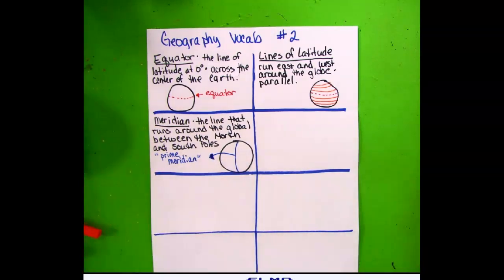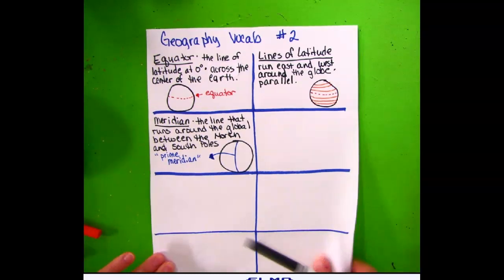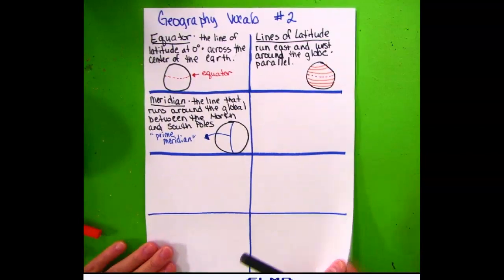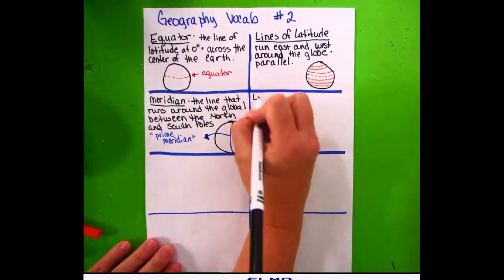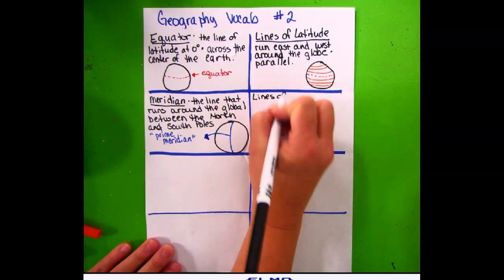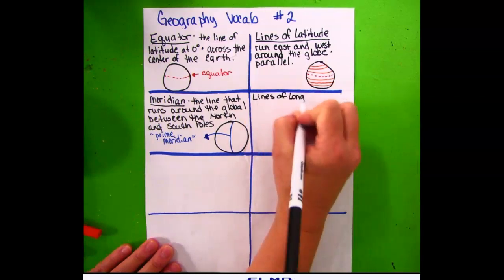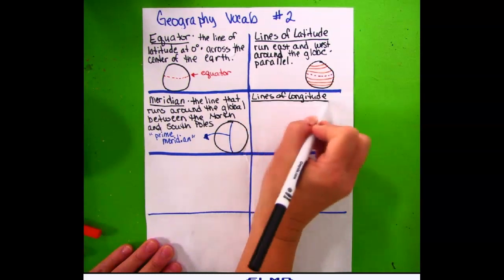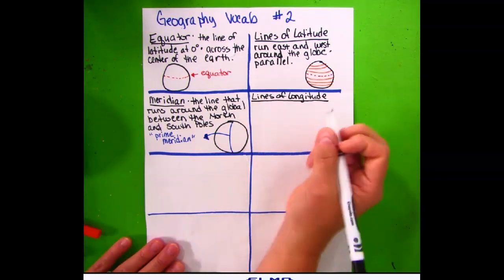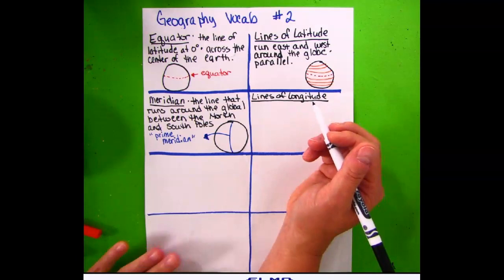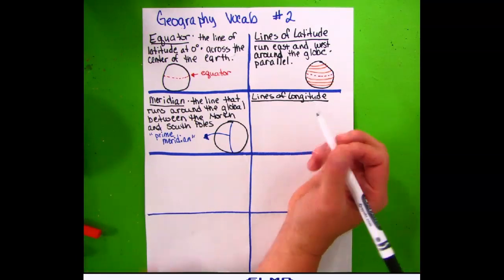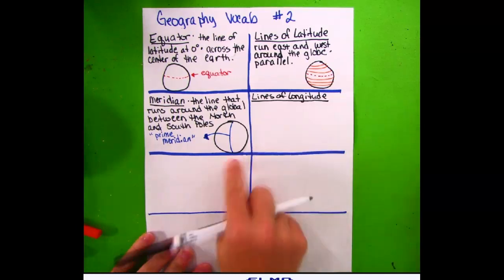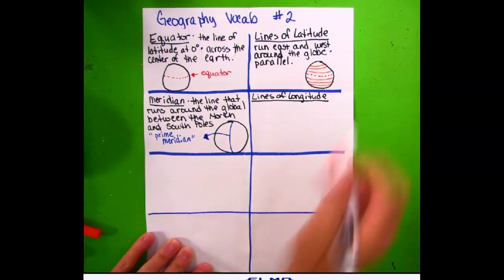So the meridian is the line that runs around the globe between the North and the South pole. Now, you have the lines of longitude. The lines of longitude run around the poles along with the prime meridian.